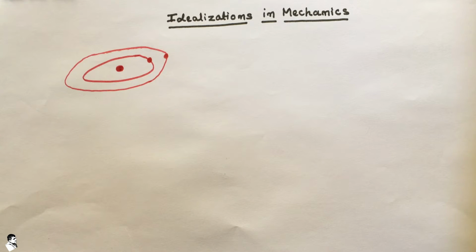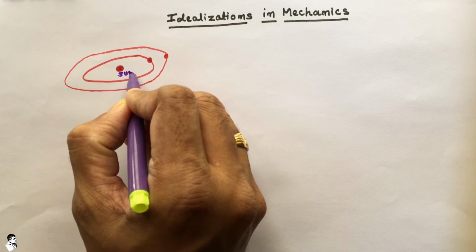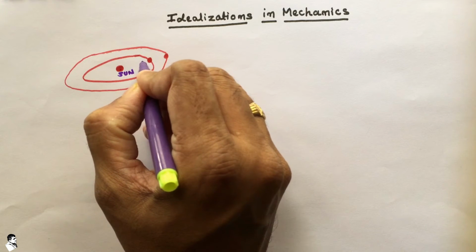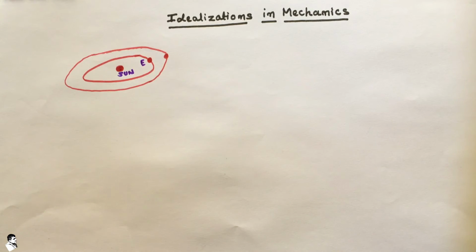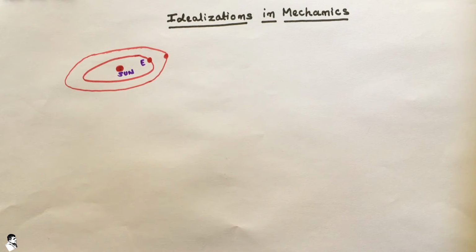But here we have two types of study that we can do. One study is related to rotational motion. So we consider here a sun and an earth.